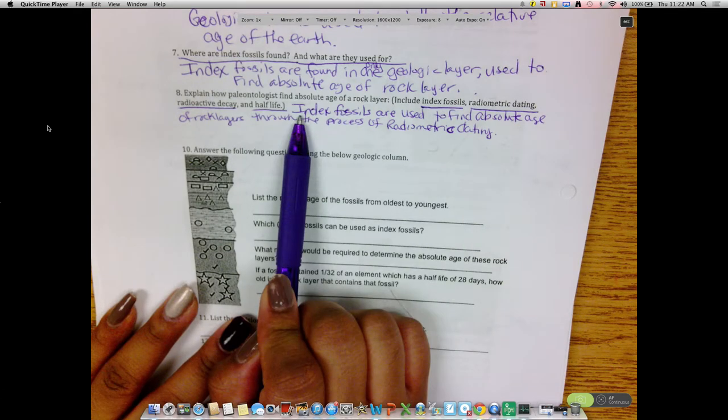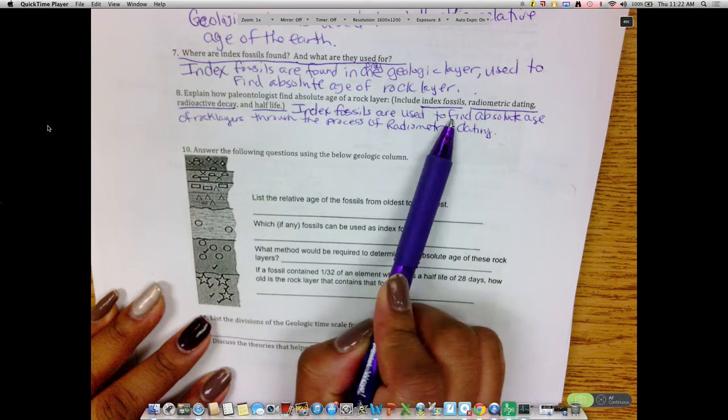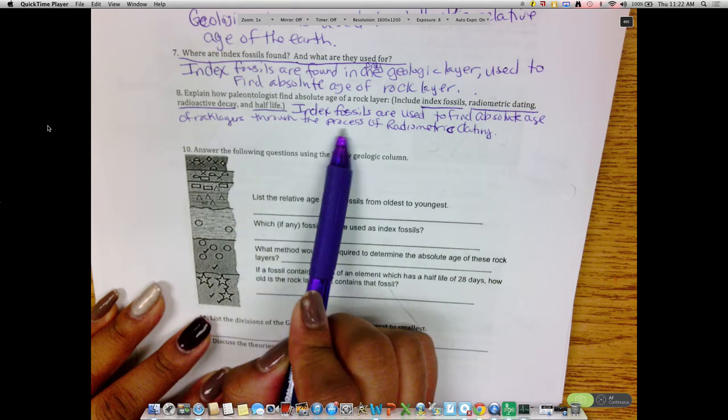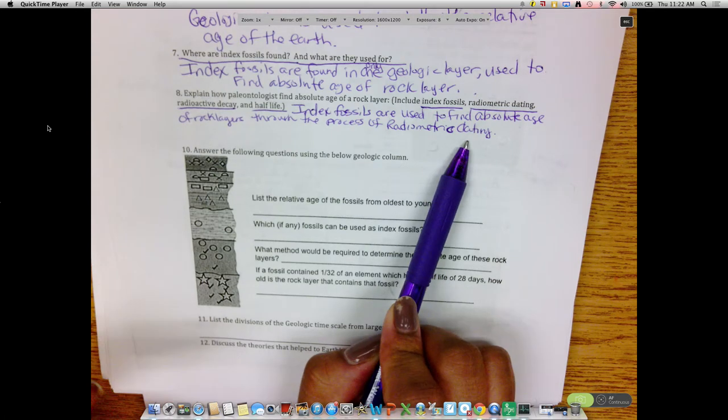Okay, but we got to add a little bit more information because we're just throwing words in there. Index fossils are used to find absolute age of rock layers through the process of radiometric dating. And then we want to say, she said something about using radioactive decay. Using radioactive decay of what?